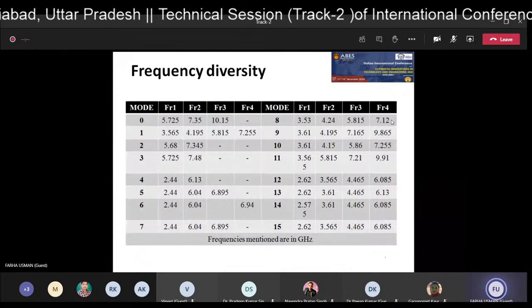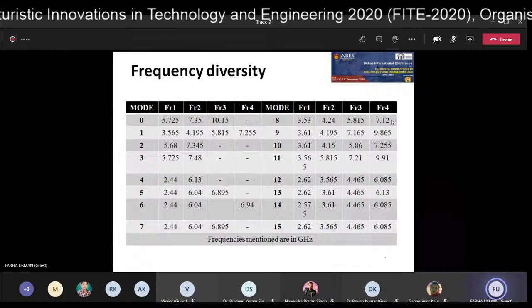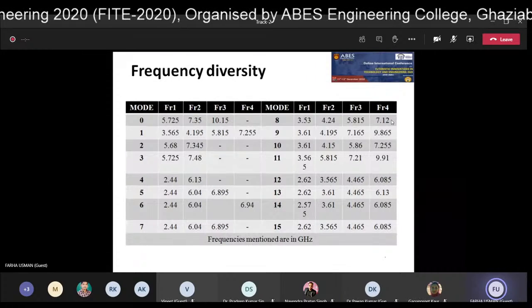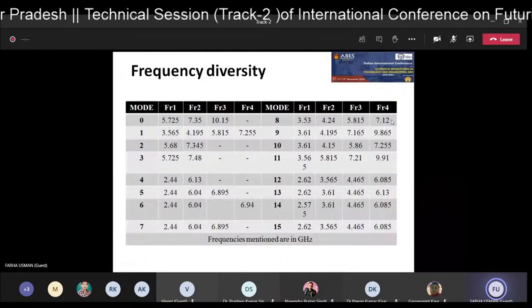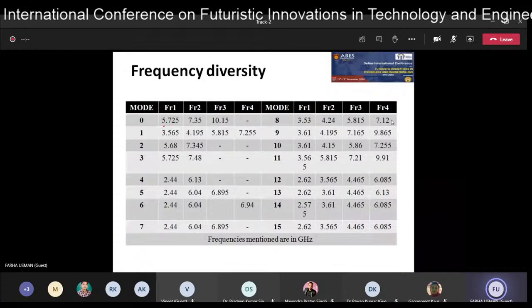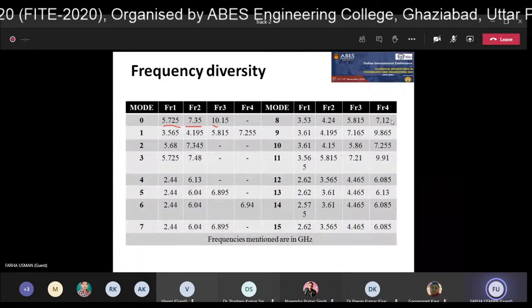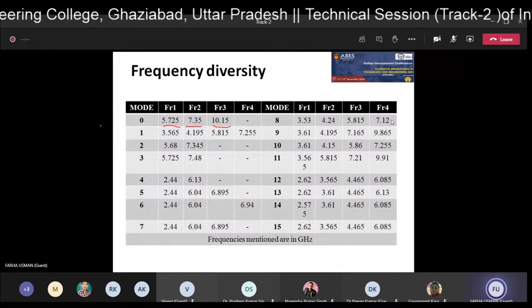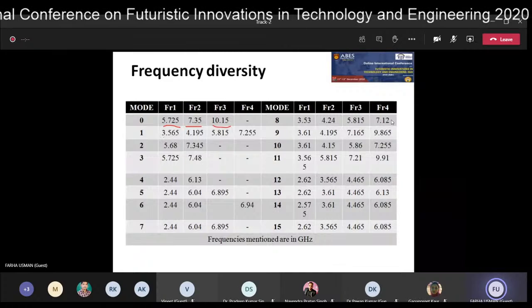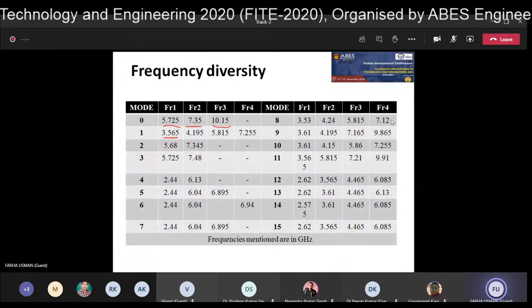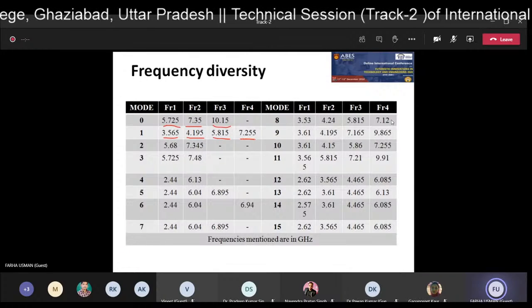Frequency diversity. In all these 16 different modes, the antenna resonates at different frequencies. In mode 0, the antenna operates at a frequency of 5.725 gigahertz, 7.35 gigahertz, and 10.15 gigahertz. Similarly, in mode 1, the antenna operates at a frequency of 3.565 gigahertz, 4.195 gigahertz, 5.815, and 7.255 gigahertz.